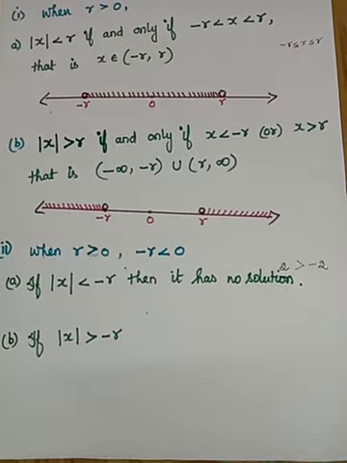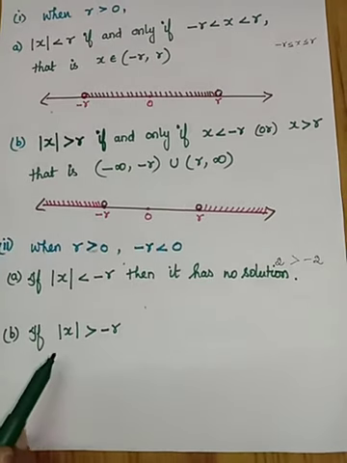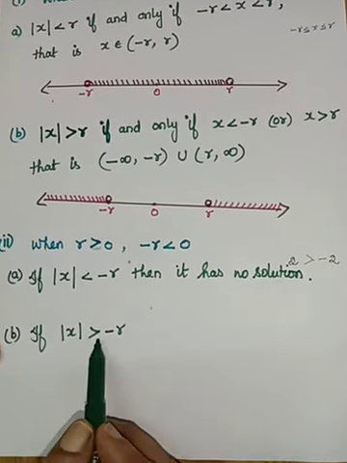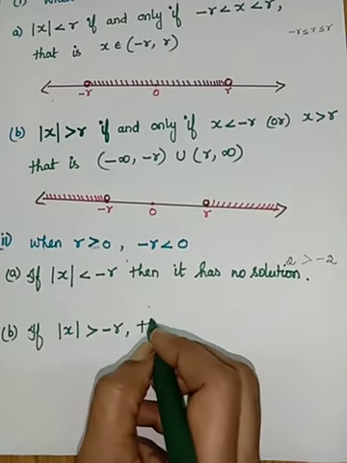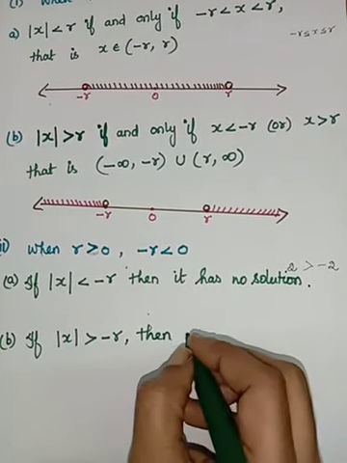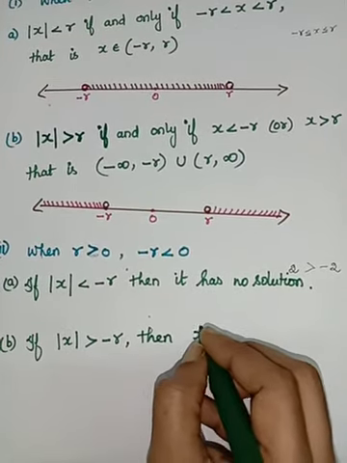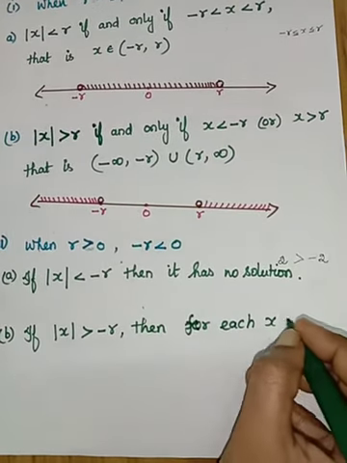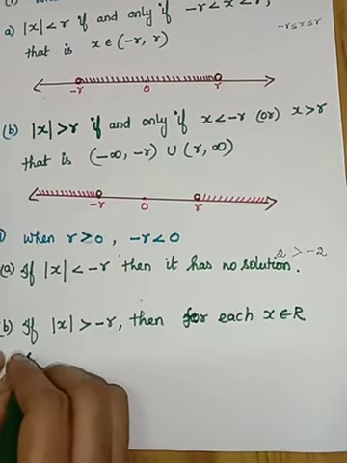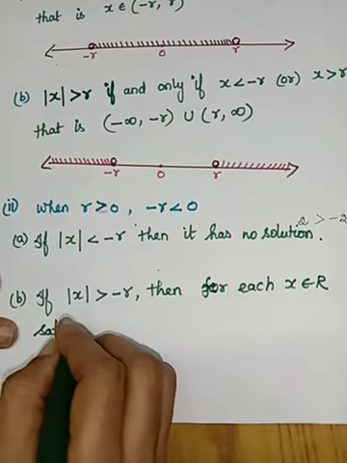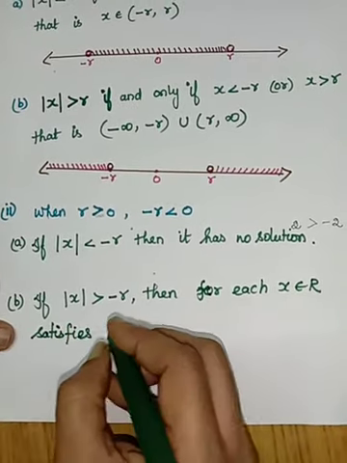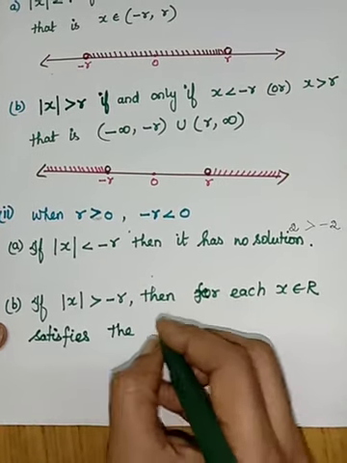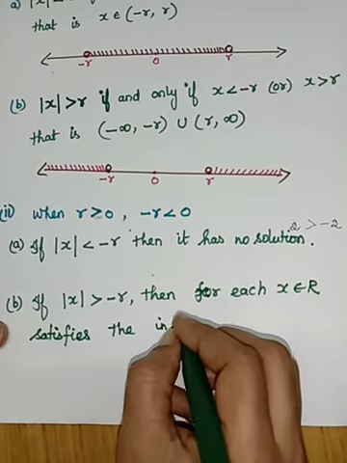So therefore we can very well say if modulus x is greater than minus r, then the solution is: for each x belongs to R satisfies the inequality. So that means all the real numbers satisfy the inequality.